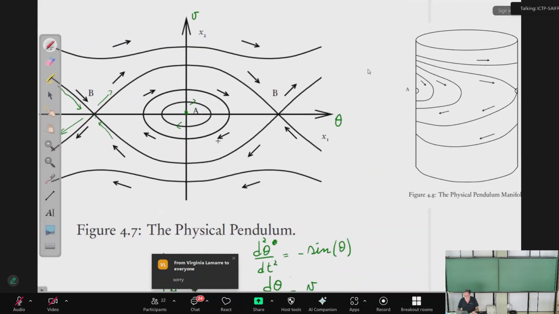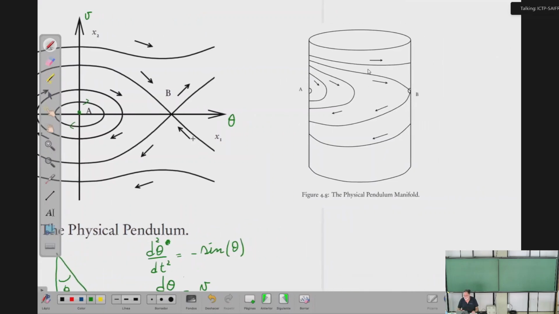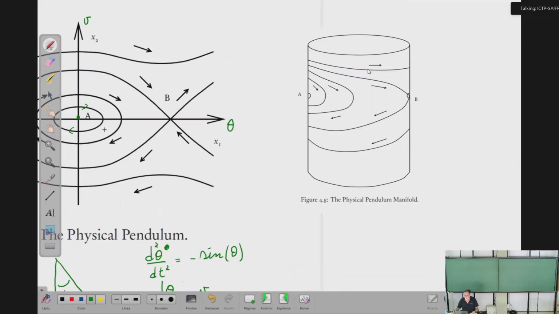Of course, this is the plot just extended, but the real manifold where this is defined is like this, right? It's a cylinder, because the theta coordinate is periodic, so you should glue the sides around.